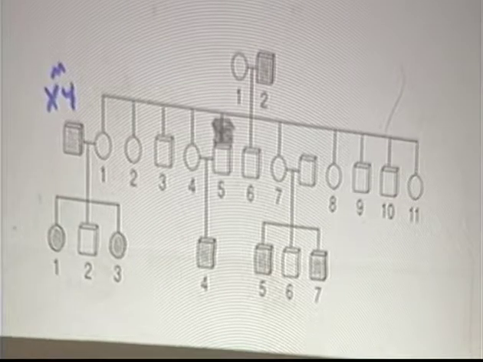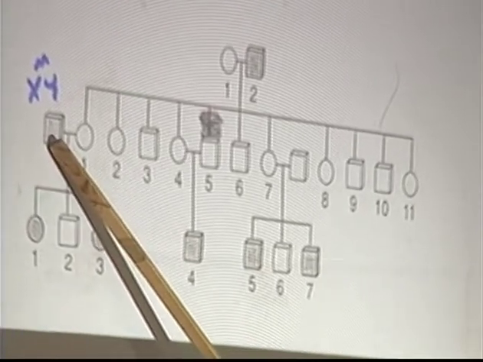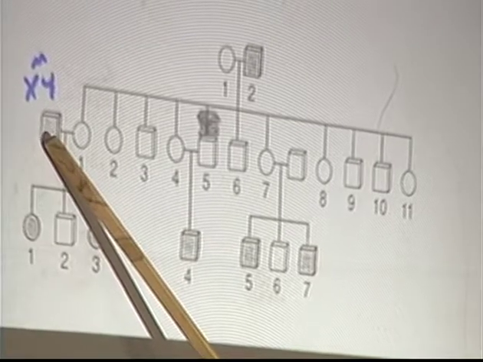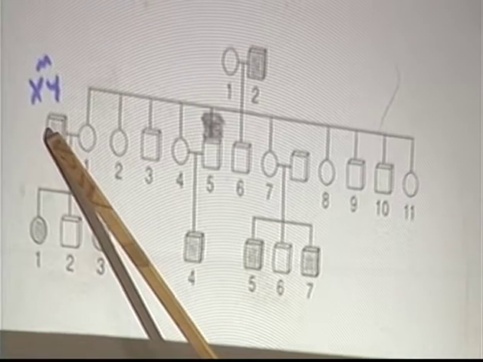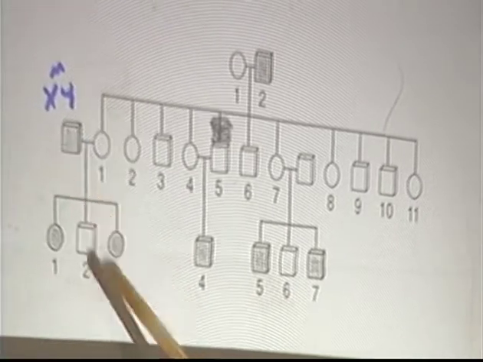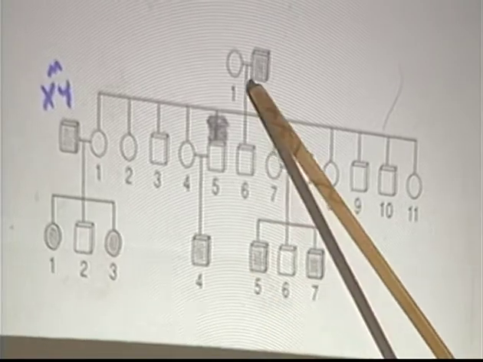You know what? Here's what's confused you. This individual is not a member of the family. Whoa, what? I didn't write it. This brings up an important point. When you're looking at these, be very careful. This individual married in from outside.